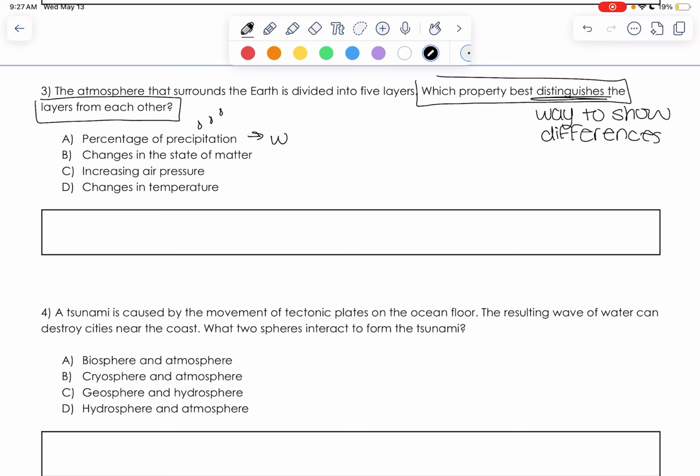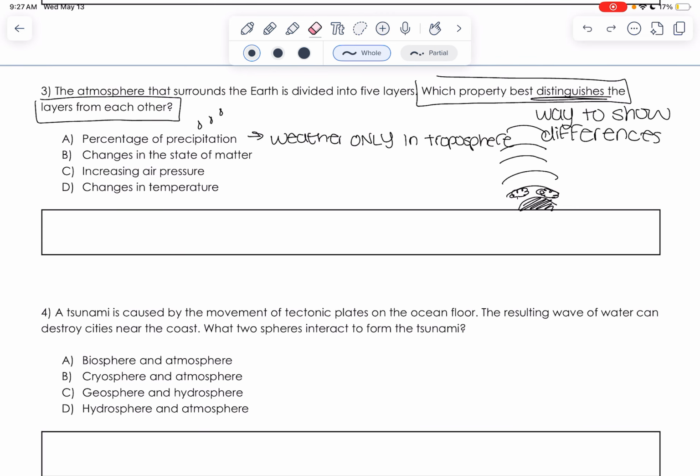I know rain and weather only happens in the lowest layer, the troposphere. Here's my Earth, ready? All the clouds are in my troposphere. So can there be weather in any of these? No. Is that the best way to show the differences? Probably not, because there's only precipitation in one of them.